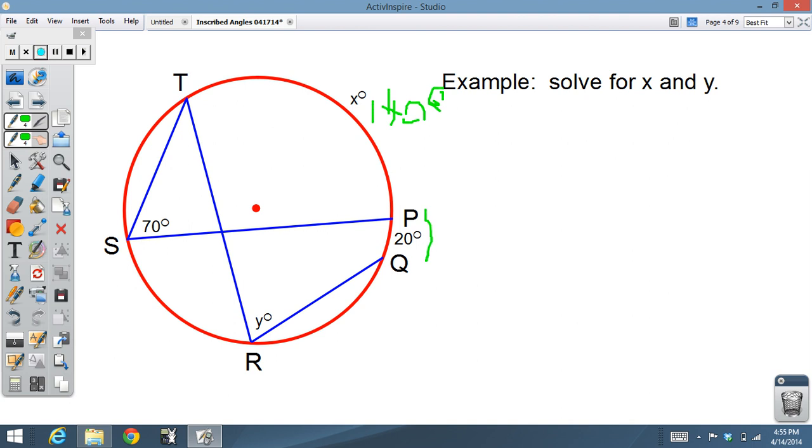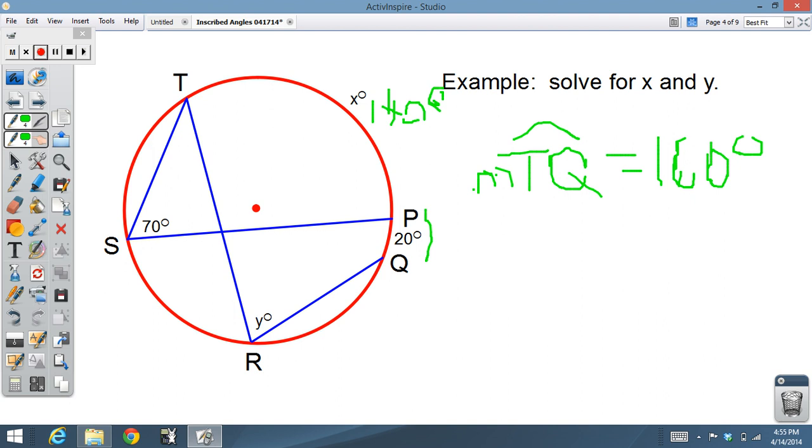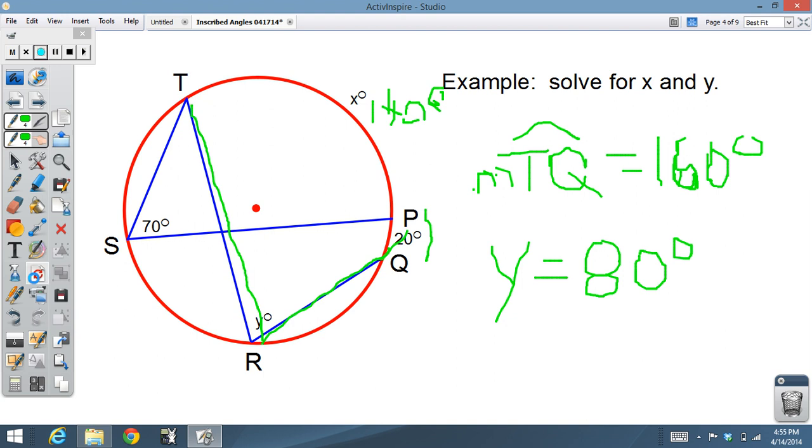Then PQ is 20, which means arc TQ must measure 160, right? It's 160 degrees. Therefore, Y, which intercepts that 160 degree arc, must equal 80. All right, that's the way it's going to work.